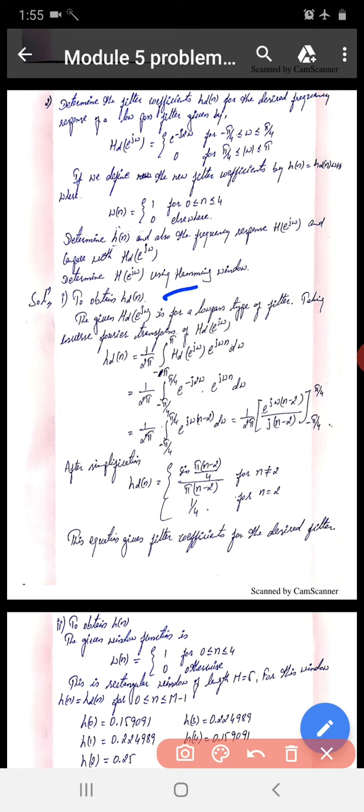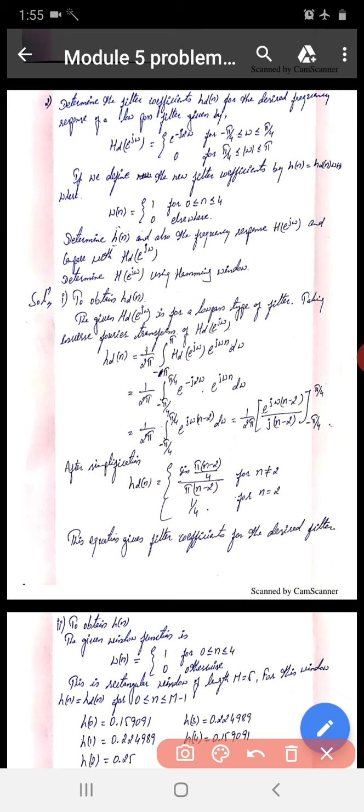They have already given the desired frequency response, so we can get our unit sample response from the desired frequency response, converting from frequency to unit sample. This is also a low pass filter. Use the direct equation, that is HD of n is equal to 1 by 2 pi integration from minus pi to plus pi of HD of e raised to j omega into e raised to j omega n d omega.